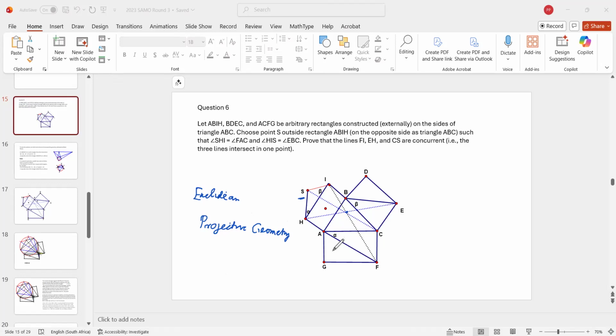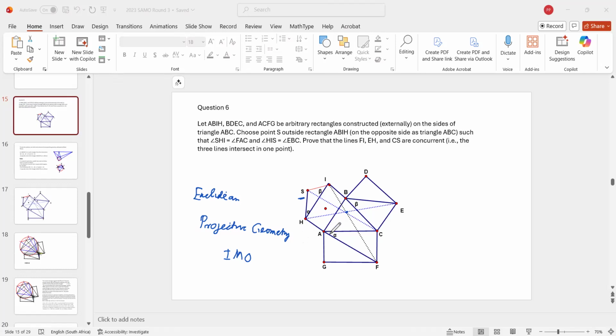So in a way, this problem occurring in round 3 of SAMO will be quite out of the reach of most South African learners. It's a kind of a problem that can occur in the International Mathematics Olympiad, where you have to know far more than what you do at school.